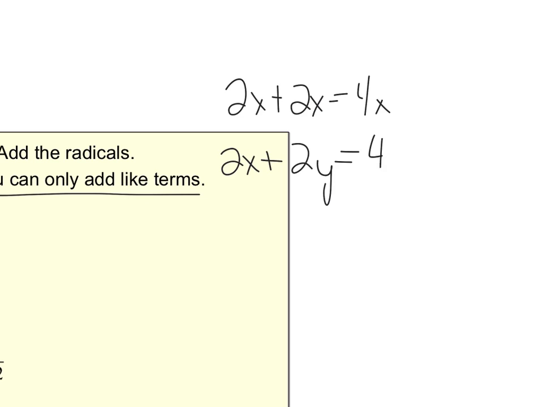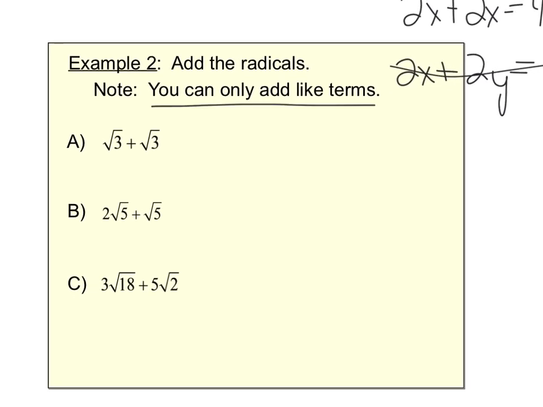You don't get like, 4xy. That doesn't work. You can't do that. Similar idea with radicals. You can only add them if they are exactly the same. So for letter A, this is like 1 square root of 3, 1 square root of 3. So that's just going to be 2 square root of 3. Letter B, 2 square root of 5 and 1 square root of 5 is going to be 3 square root of 5.